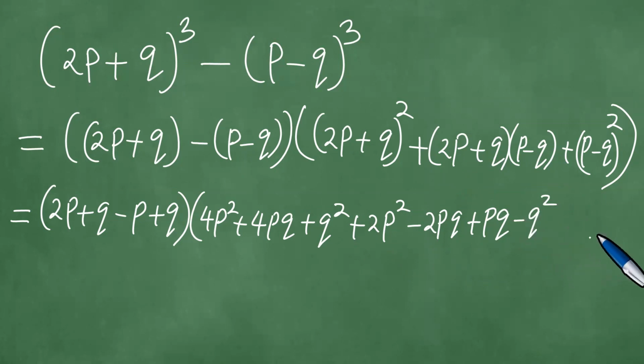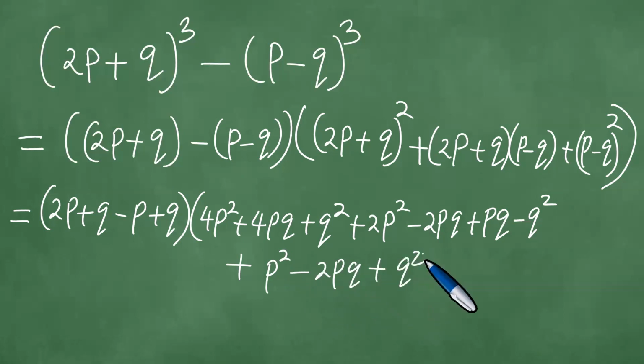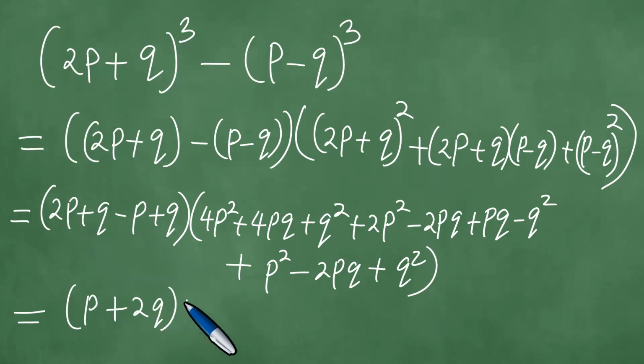Right, we continue with the work. We square this one. It becomes p squared minus 2pq plus q squared. Upon further examination, adding like terms together and grouping, we have 2p minus p, which gives us p. Q plus q gives us twice q.